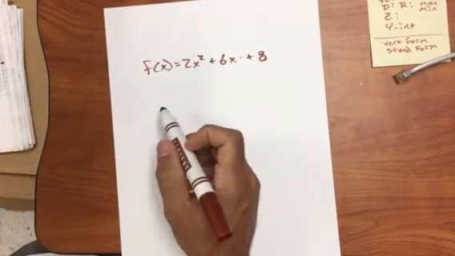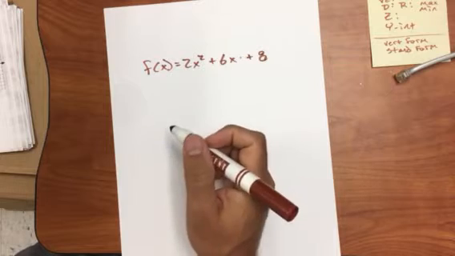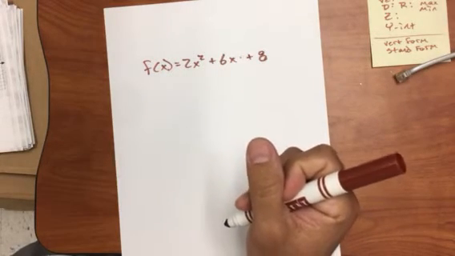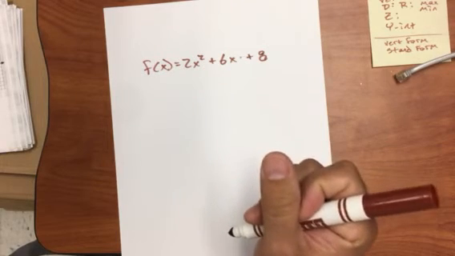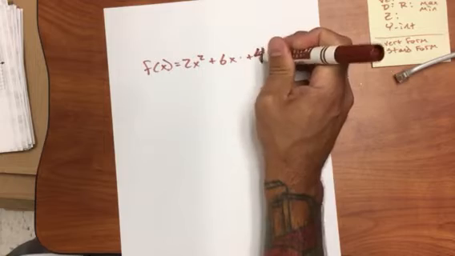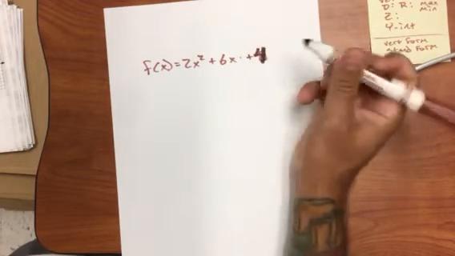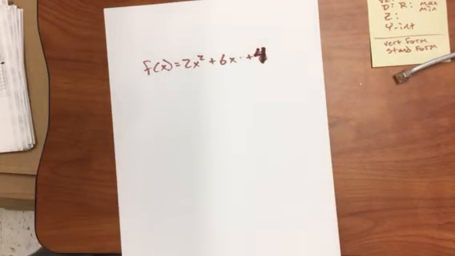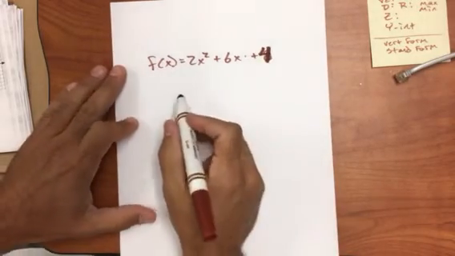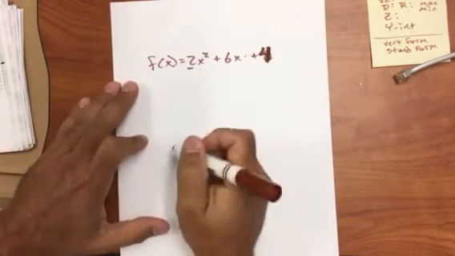Okay, so I don't think this one has zeros. Hang on. 3, 4. Let's make this 4. Okay, so the first thing I'm going to do is the domain and range. This is a positive a.